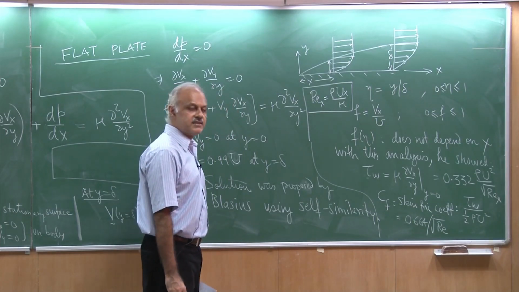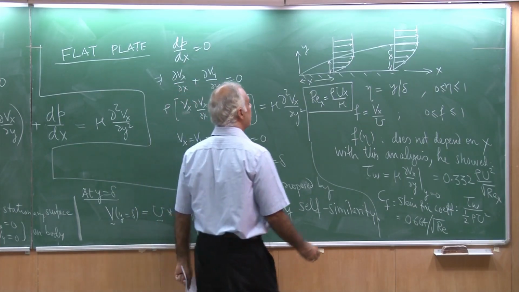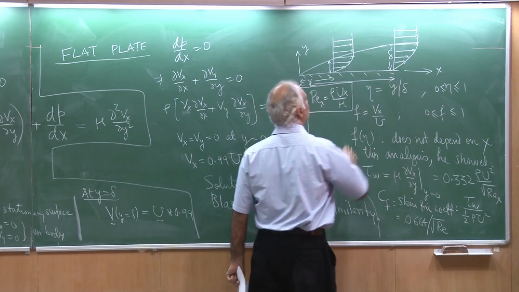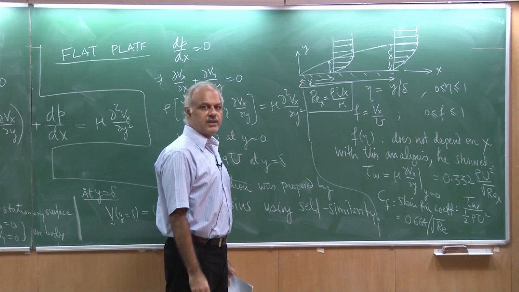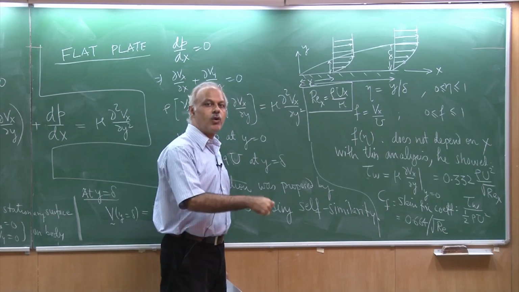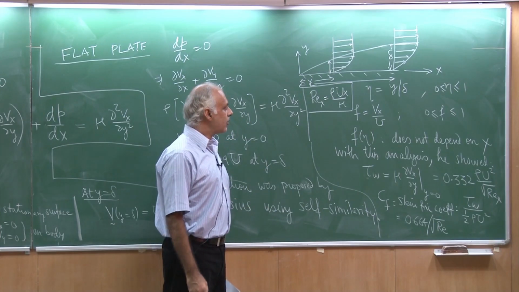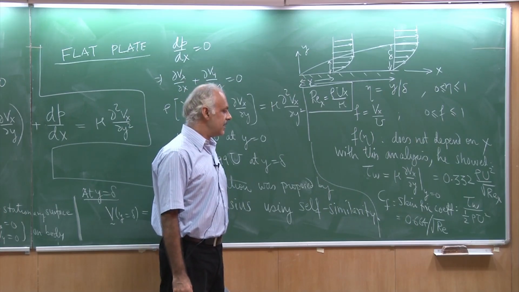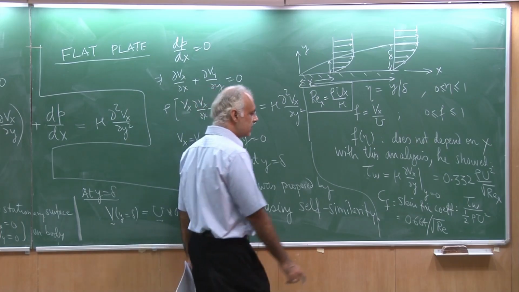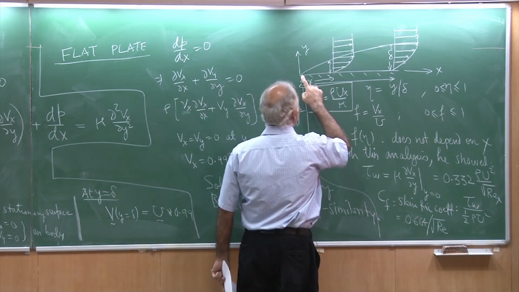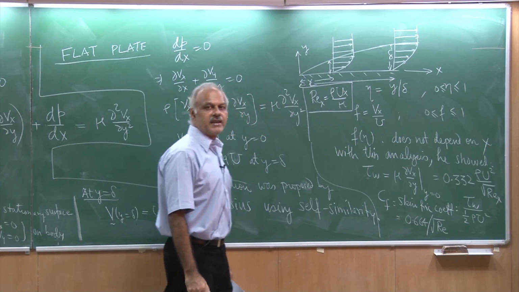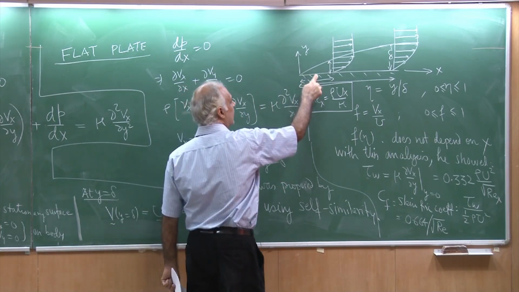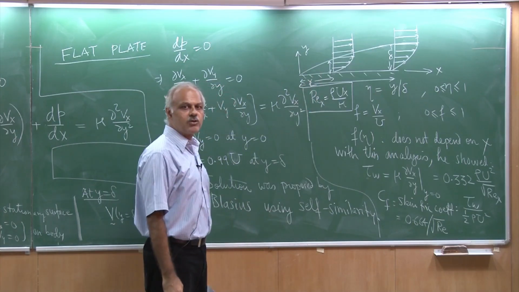Once I know this, then I can ask myself, what if the length of my plate is L? Okay, so I drag a plate through water, and I want to find out what is the frictional drag or the resistance it will encounter. So I can use this formula, and at least for one side of the plate, okay, if both sides are exposed, then of course you would have a boundary layer on the upper and lower surface.